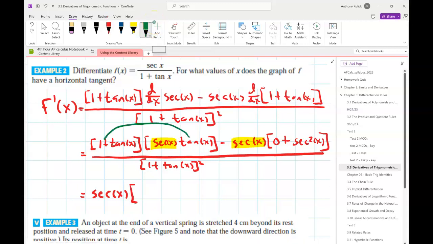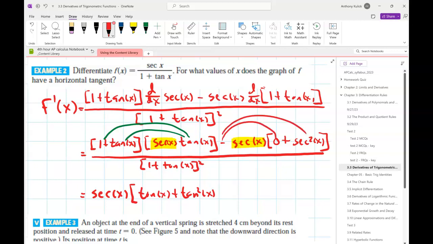I can then multiply this tangent through. So let's write it this way. And then I got to make sure this negative sign gets distributed through.